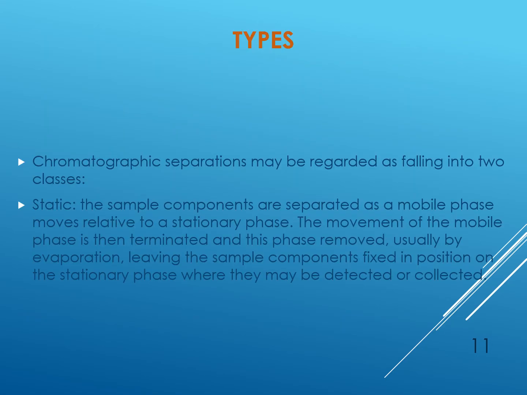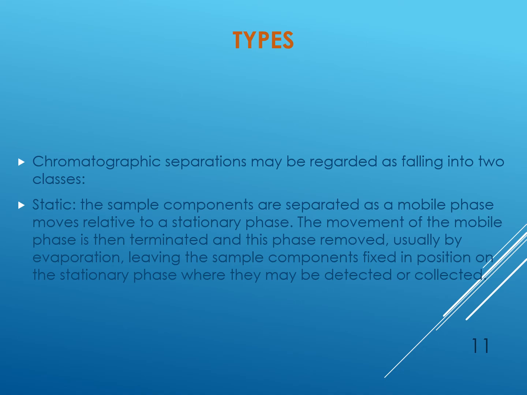Now we will discuss the types of radiochromatography. As we discussed, chromatographic separations may be regarded as falling into two classes. These classes are static and dynamic. In static, the sample components are separated as a mobile phase moves relative to a stationary phase.